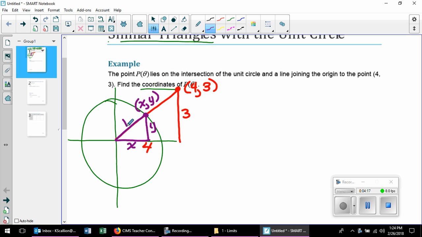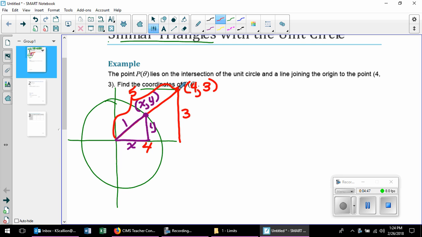Okay, now the red triangle, what's the hypotenuse measurement of that? It's a Pythagorean triple, right? 3 squared plus 4 squared. So 9 plus 16 gives me the root of 25, which is 5. So I know that the hypotenuse measure on this is 5.